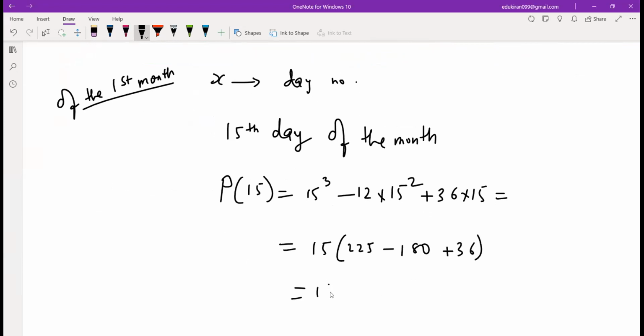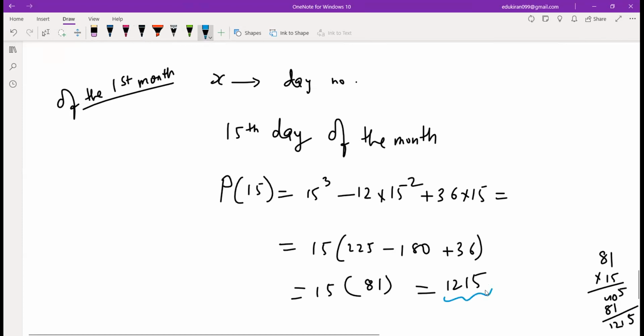So it would become 15 into, I'm first trying to explain the question, 45 plus 36, which will be 81. So 81 into 15, 1215.